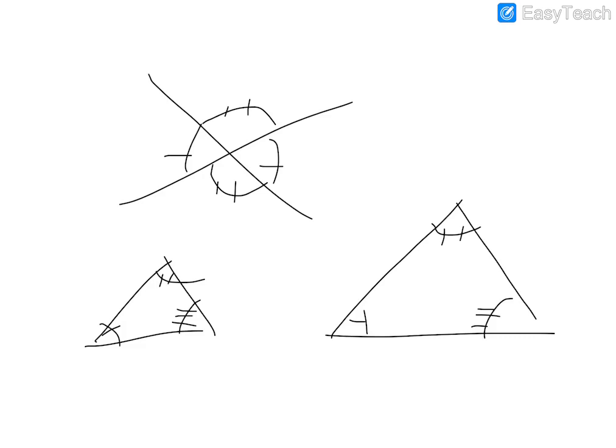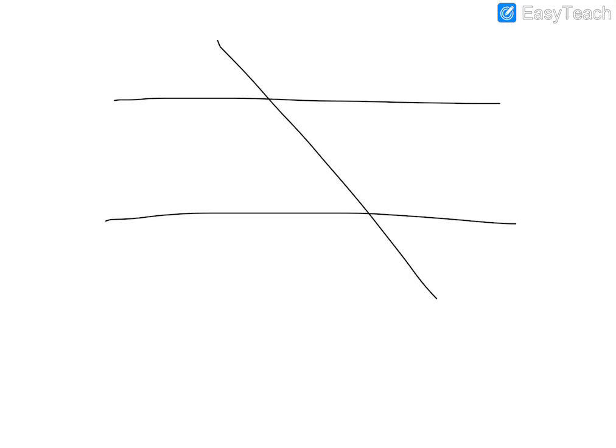Let's see, parallel lines. That's another interesting one. In the parallel lines thing we mentioned, if there's a transversal, which means if these two lines are parallel, there's a line going across it. This angle is equal to this angle is equal to this angle, and these angles are also the same, these angles are also the same.